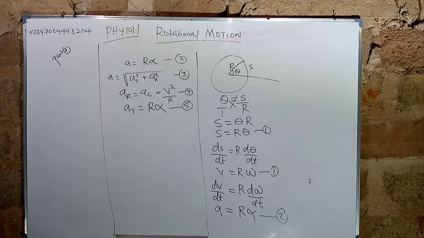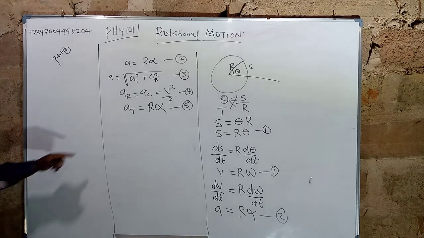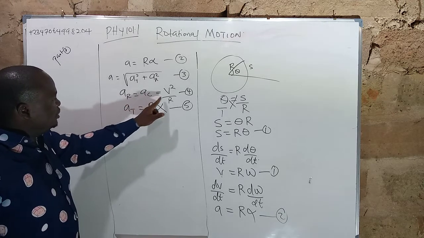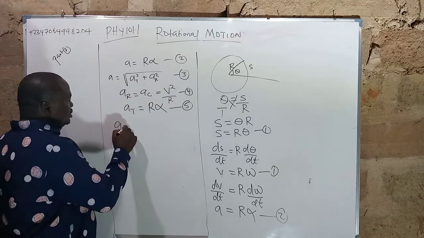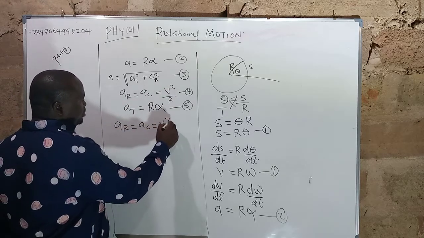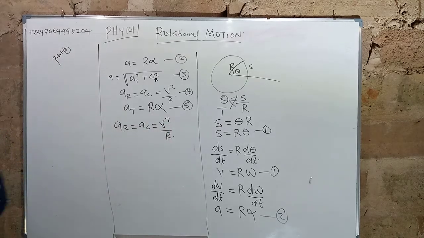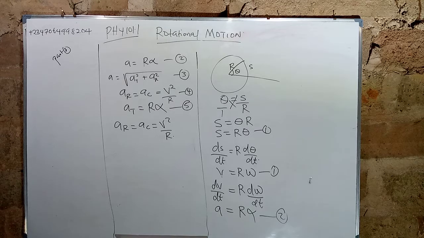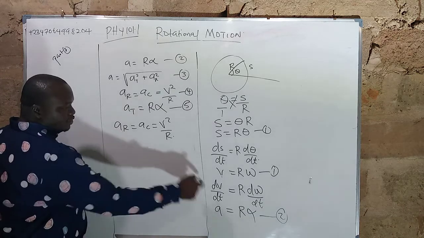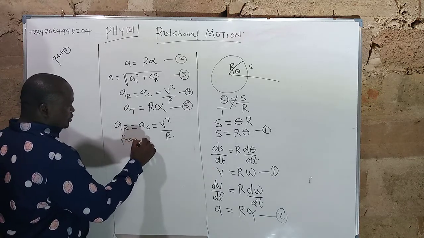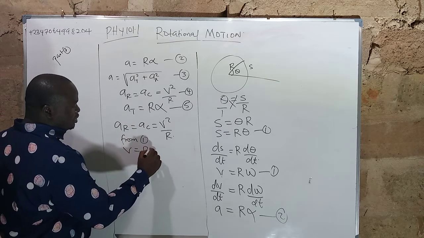Now, let's continue. From the radial acceleration, I told you just now that radial is the same as centripetal. So for radial acceleration, you say that this is equal to v squared all over r, right? We are going to have to prove another formula again. Now from this part, recall that from equation 1, v is equal to r omega.